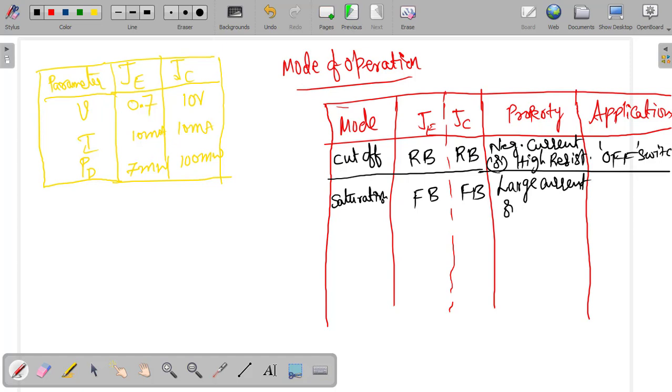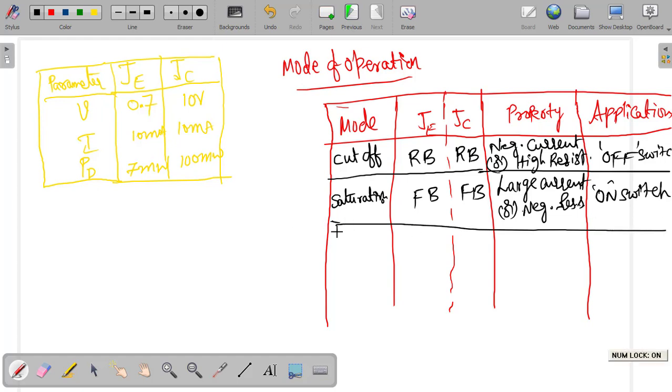And what about resistance? Earlier there was high resistance, here almost negligible resistance will be there. So what are the applications? Here the transistor acts like an on switch. Why on switch? Because it is just acting like a short circuit.